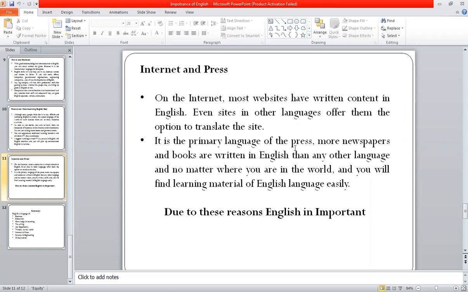All over the world you will find many books in English itself, but books in other languages are not that much in quantity. And you will find learning material in the English language easily. Finding the material in English is a very easy task.